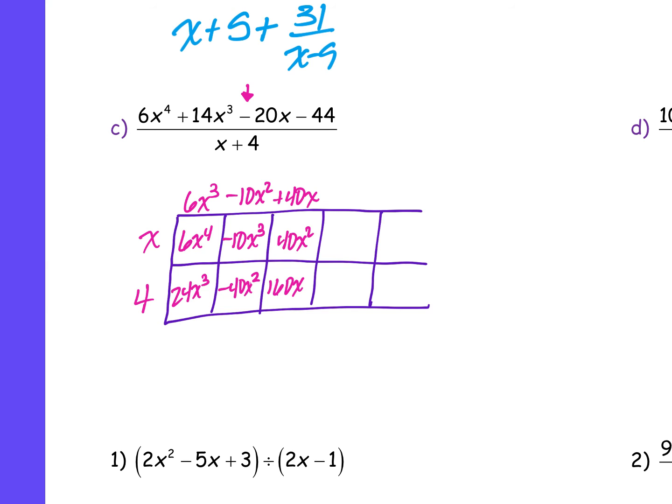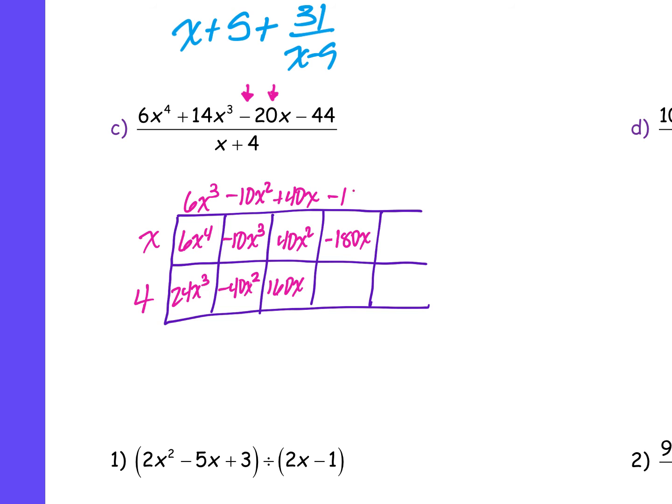And then 160x plus what gives me, now we have negative 20? 160 plus what gives me negative 20? Well, that's negative 180x.